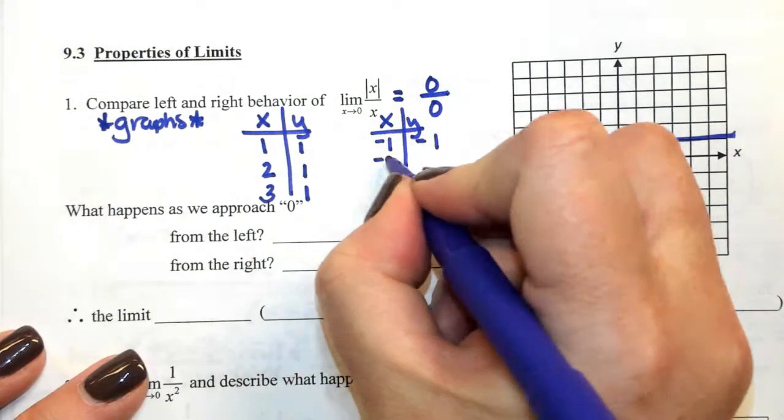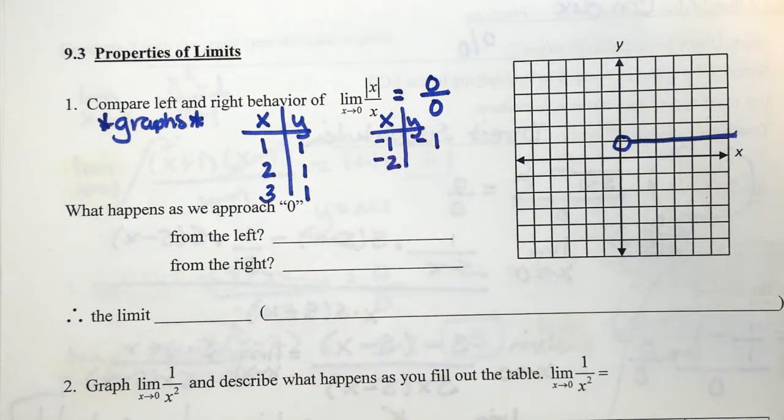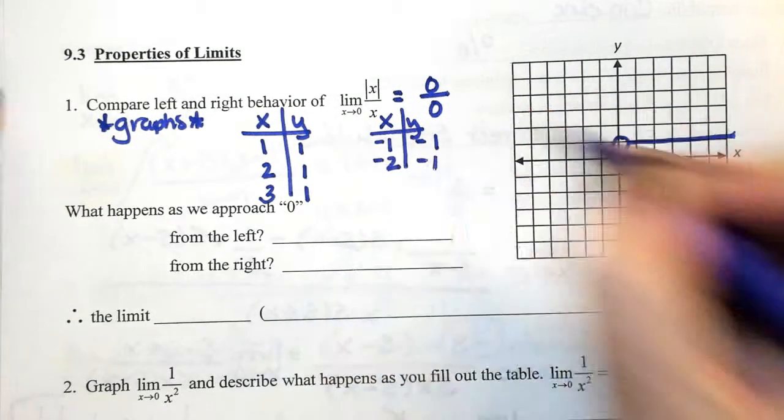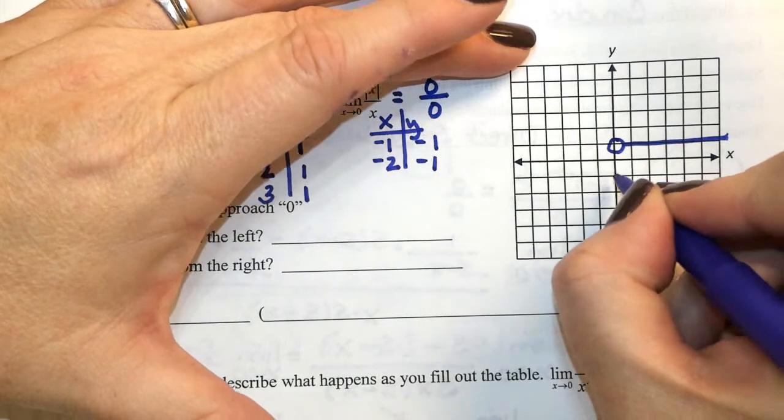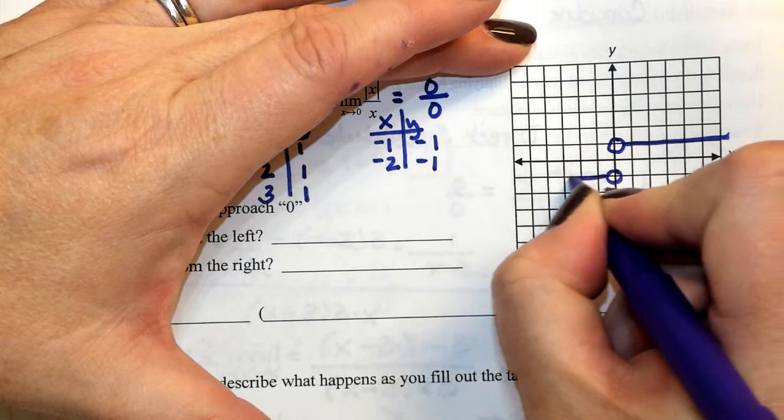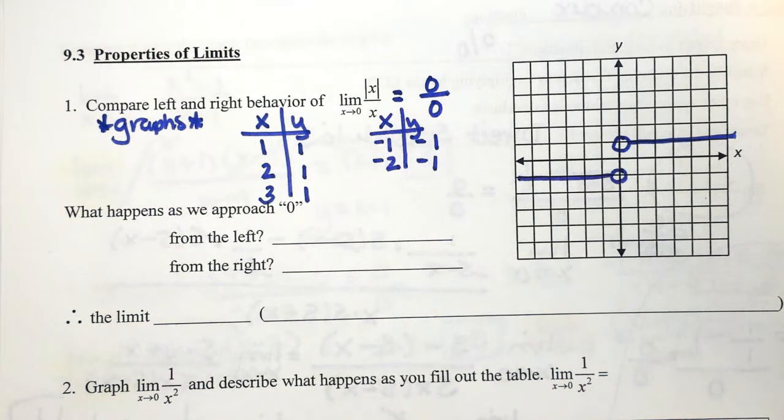So what happens when I plug in a negative 2? The absolute value of negative 2 is 2, divided by negative 2, which is negative 1. Notice the pattern that I'm creating. What happens if I plugged in negative 1 million? Negative 1. So notice to the left of 0, that's what the graph is going to look like.